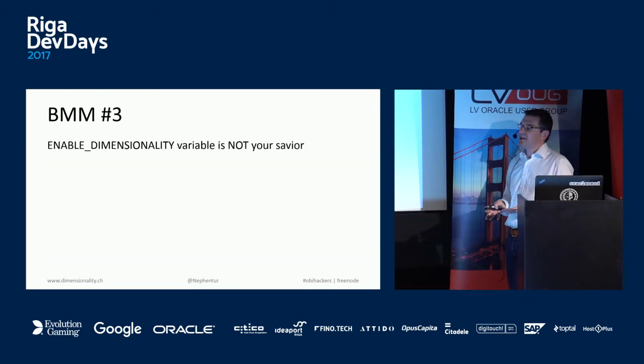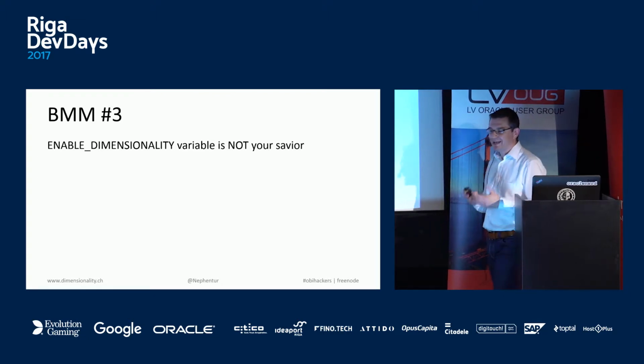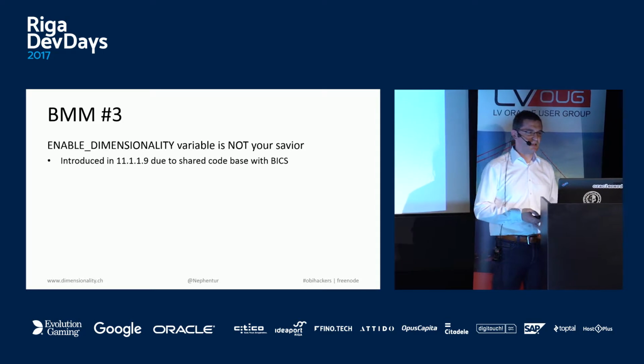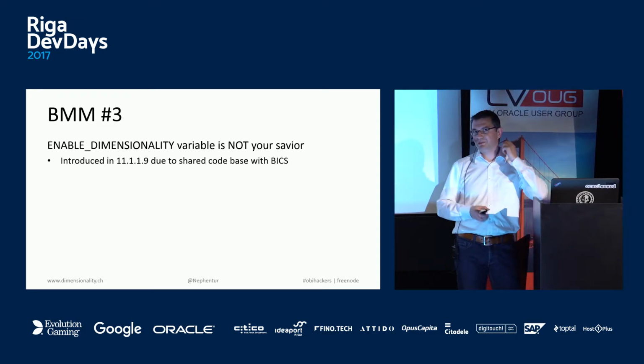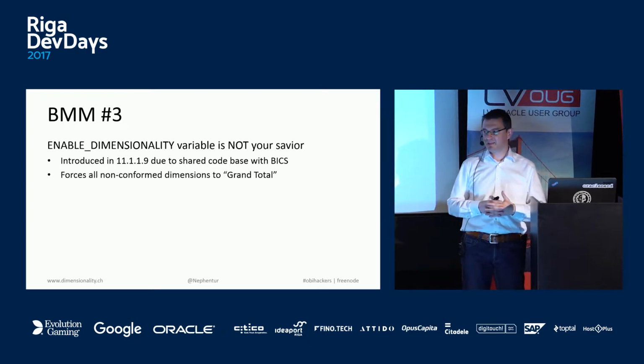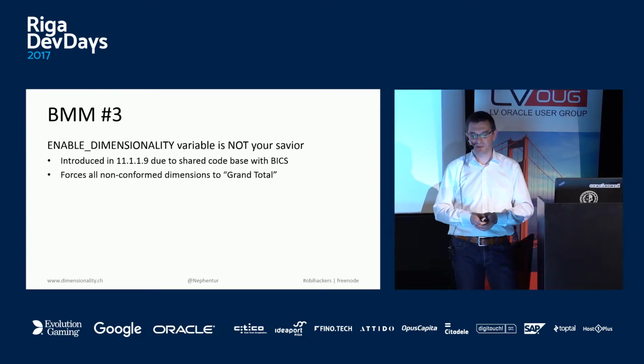Right, so a special case for this is the so-called enable dimensionality. This is a new variable that was introduced a couple of years ago, especially for all the cloud products and, let's say, for the desktop reporting products as well.